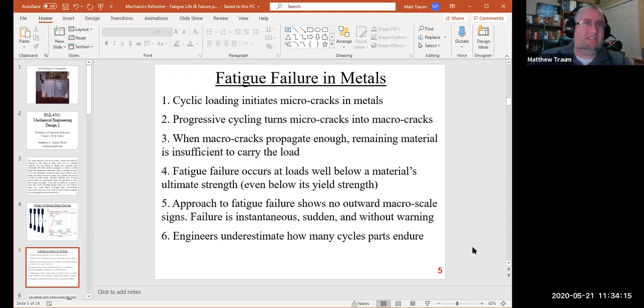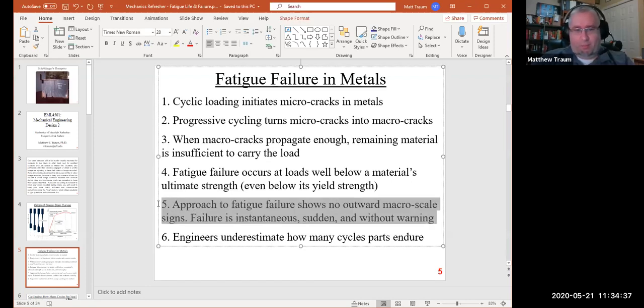This was a few years ago now, but there were a number of airplane accidents that were ultimately attributed to micro cracks that had gone undetected. And so you can't, as an engineer, just look at a part and say, oh, that's about to fail, and I better replace it with something else, because there's really no outward signs that the failure is about to happen.